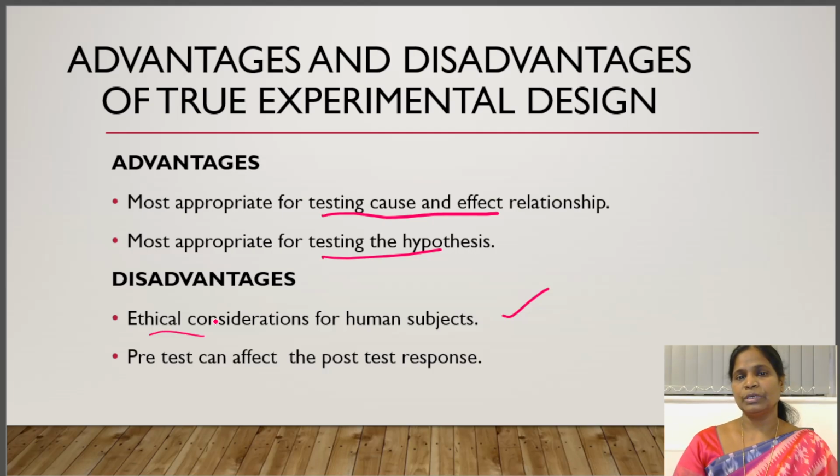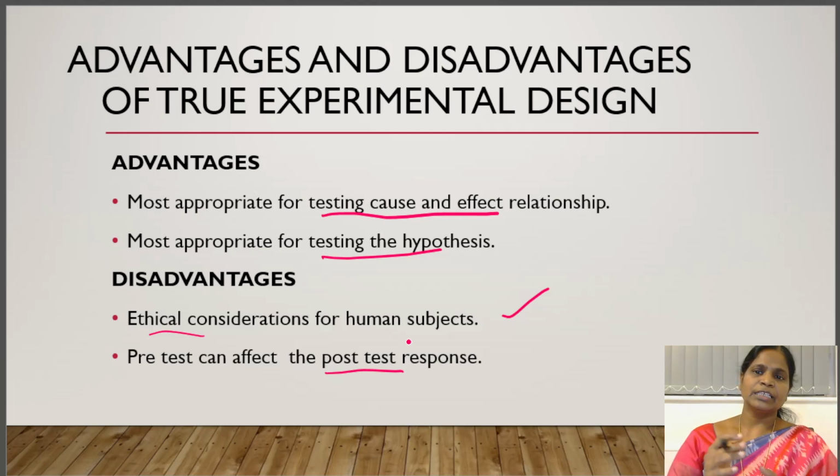Consent is very important. Then, the pre-test can affect the post-test response, because when we conduct a pre-test, it gives a clue on how to respond in the post-test. That is one disadvantage. That's the reason in the Solomon 4 group, in group 2, we have no pre-test. Only treatment is given and the post-test response is noted.